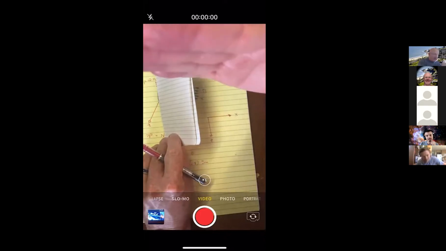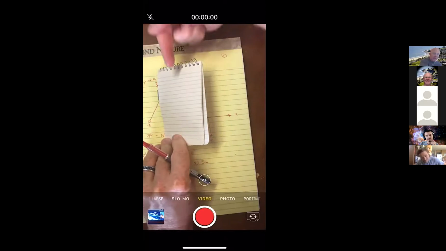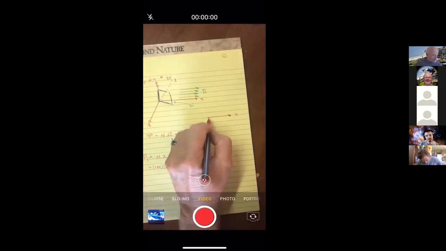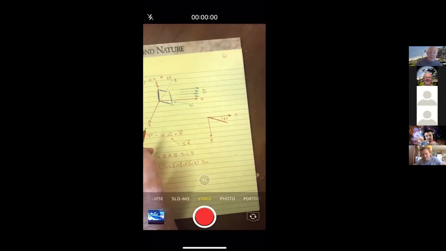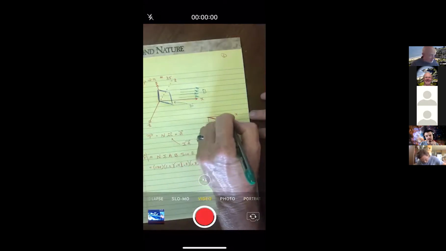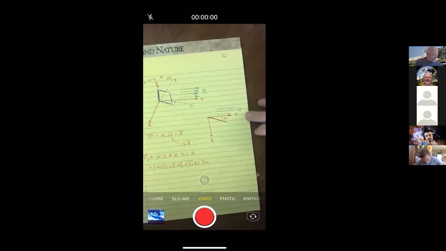So if you imagine me kind of taking a chop here and looking down from above, I would see this rectangle angled out at 30 degrees. And remember, this is the direction of the magnetic field. So the magnetic field is in the x direction.